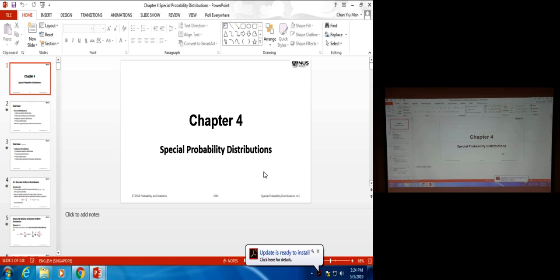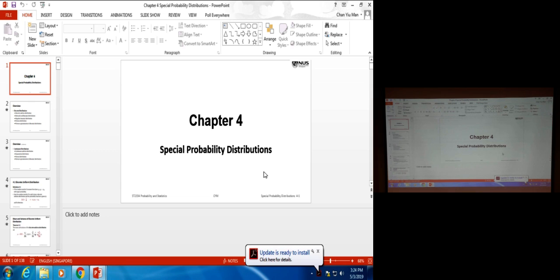Now, what we are going to discuss is the following. We look at certain forms of the probability function or probability density function and study their behavior, for example, find the expectation and the variance.